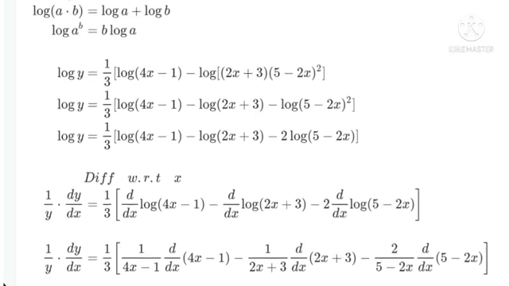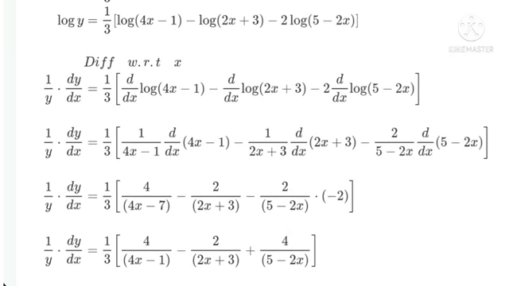Now differentiate this with respect to x. What is the derivative of log y? The derivative of log y is 1/y into dy/dx, because we are differentiating with respect to x. So the derivative of log y with respect to y is 1/y, and again the derivative of y with respect to x is dy/dx.